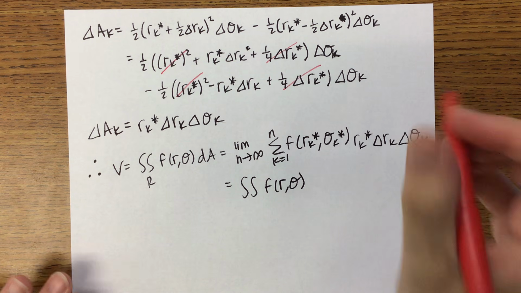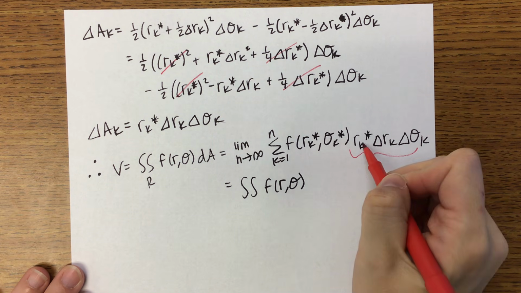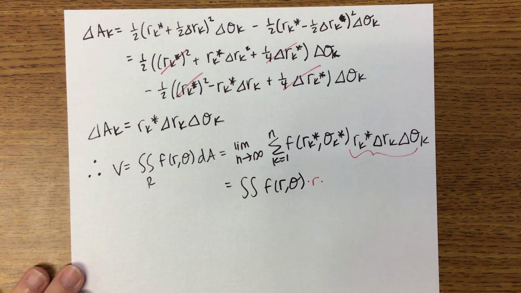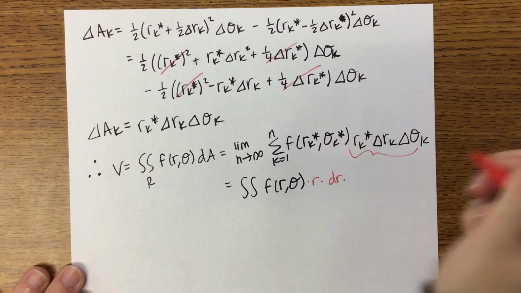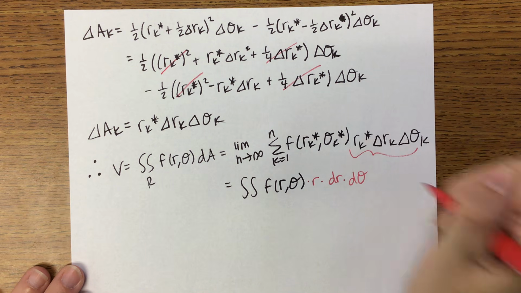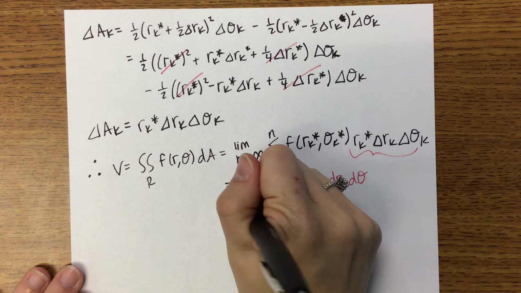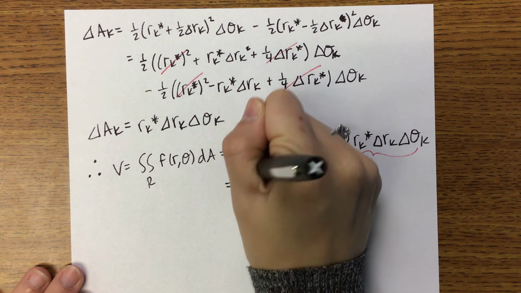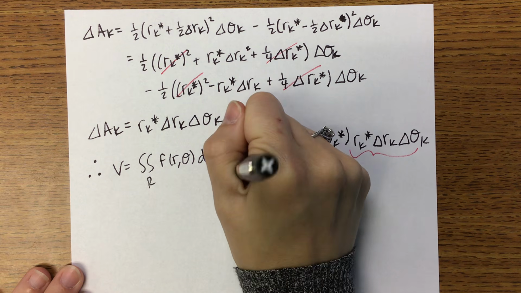Okay, here's the big piece that came from that. Here's what this becomes. This becomes r. This becomes dr. That becomes d theta. And then we're going to go from r1 to r2, and then alpha to beta.